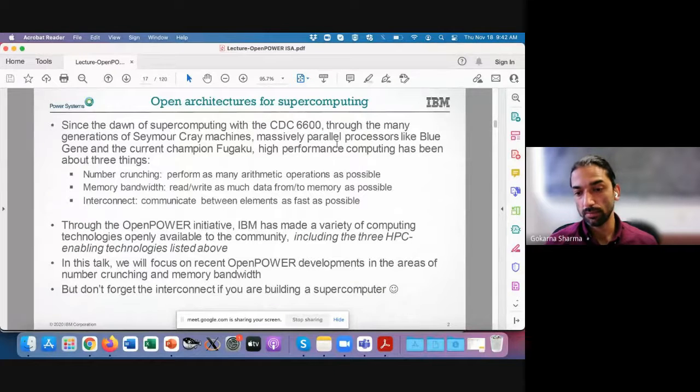Let's suppose you have a system that does 1,000 arithmetic operations per second, and then you increase to 1,200, increase to 1,500, increase 2 times, 4 times, 8 times, right? That is number crunching. That is required, because if you want to do computation faster, you have to do these operations faster, many of them, okay?